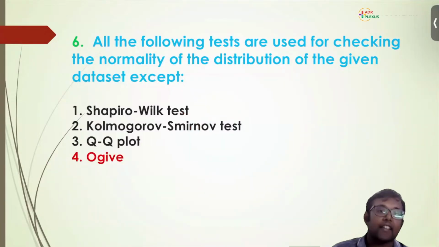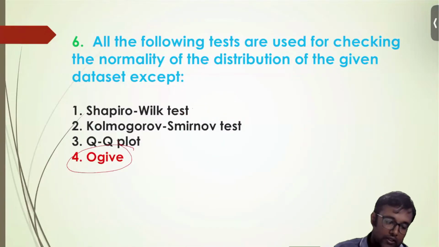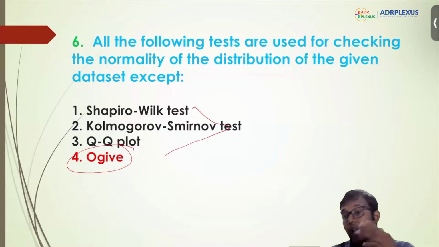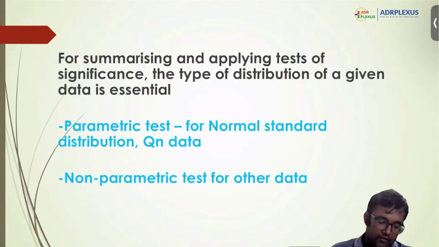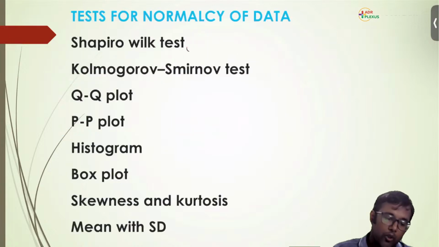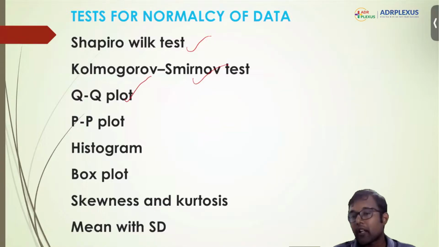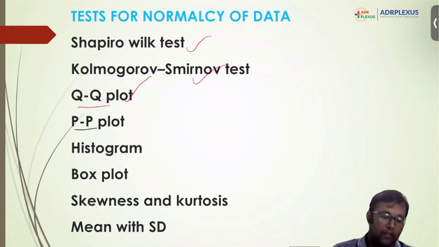So what are the other tests? I have told you about 3 tests, but there are also some other tests which can check normality. Shapiro-Wilk, Kolmogorov-Smirnov, QQ plot. Similar to QQ, there is something called PP.